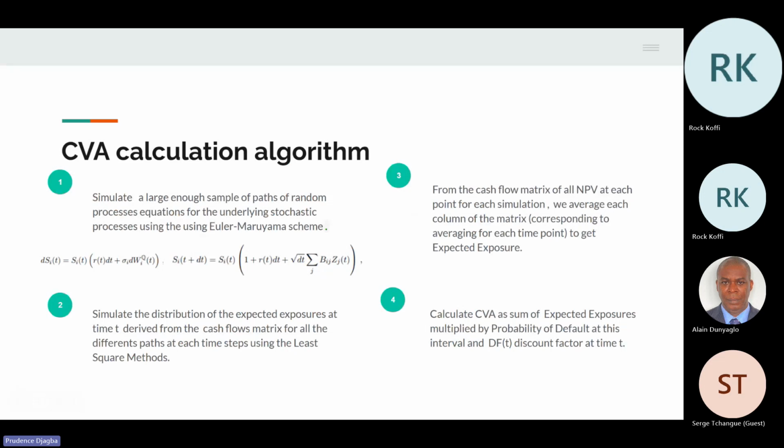Those stock prices are derived directly from the stochastic differential equation defined here. S is the underlying asset, r is the risk-free rate, sigma is the volatility, and W is the standard Brownian motion under risk-free valuation.